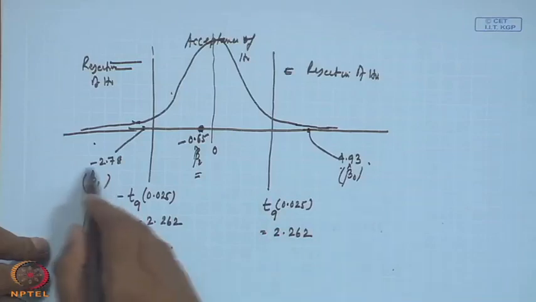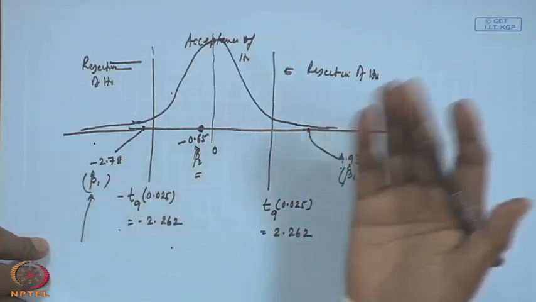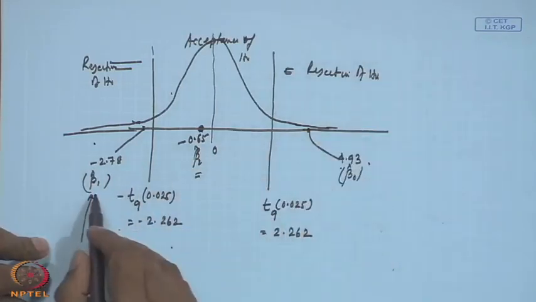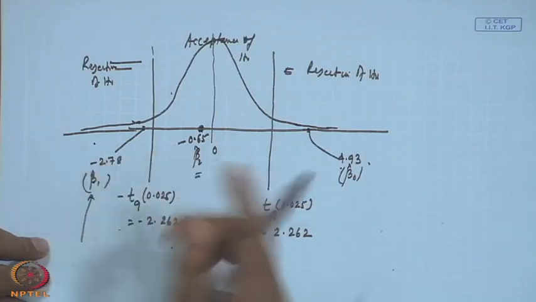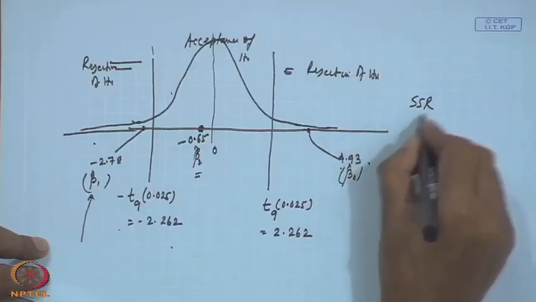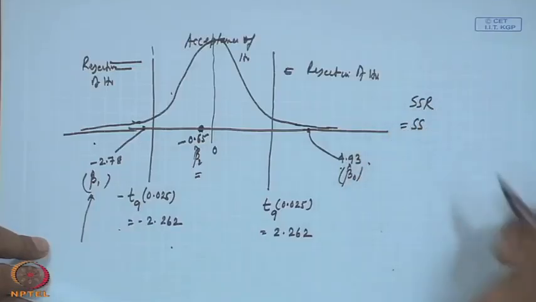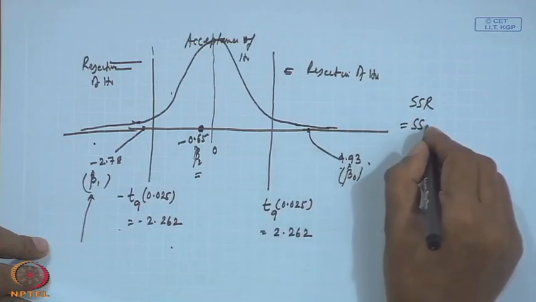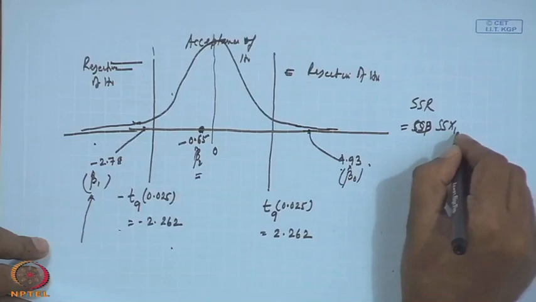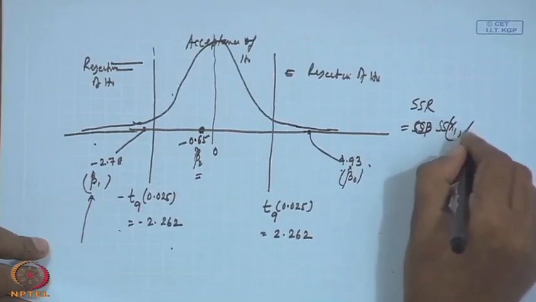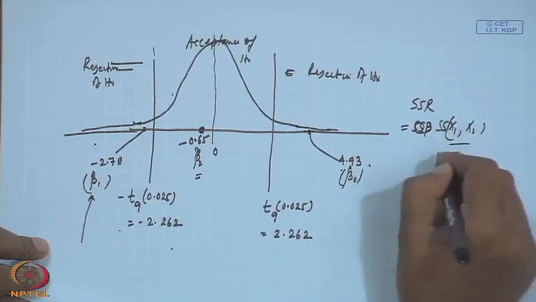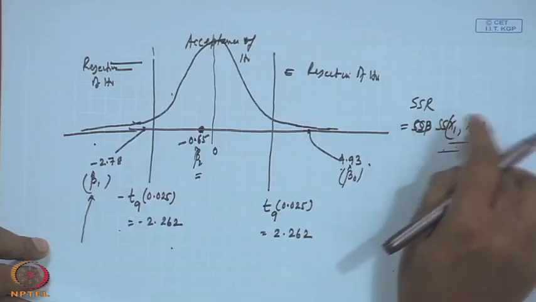This parameter says that if there is a 1 unit change in x1, there will be a beta 1 unit change in y. But from the regression SSR point of view, SSR can be the SS of beta 1, or x1, I can say SS x1, and x2, although those variables and the constant are also contributing.